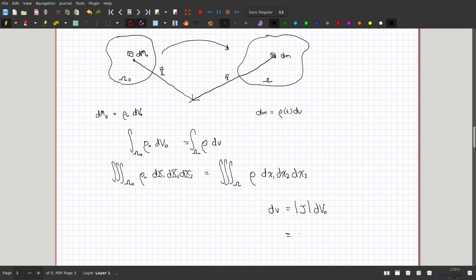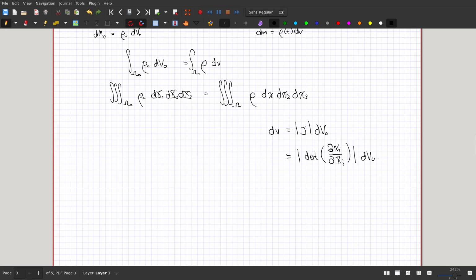If you go back and look at what the volume is in terms of big X and little x, that is the absolute value of the determinant of partial little x i, partial big X j, times dV0.